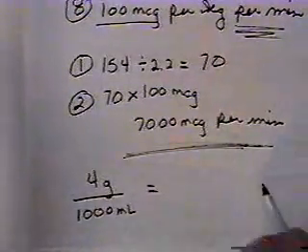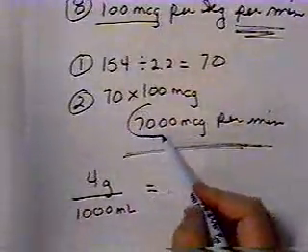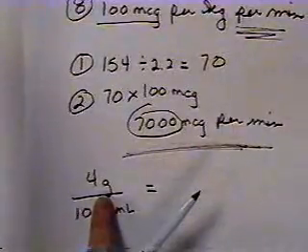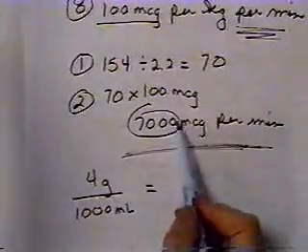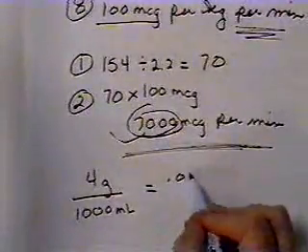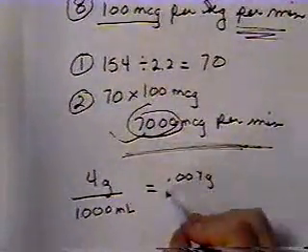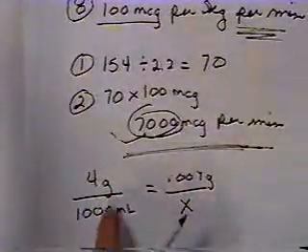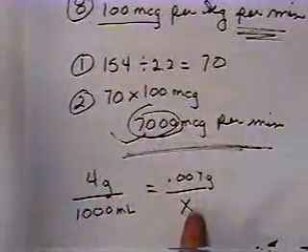And I've been ordered to give 7,000 micrograms, but I need to change micrograms to grams. So I move it 3 decimal places and then 3 more. If the bottle is labeled in grams, I have to change my order to grams.